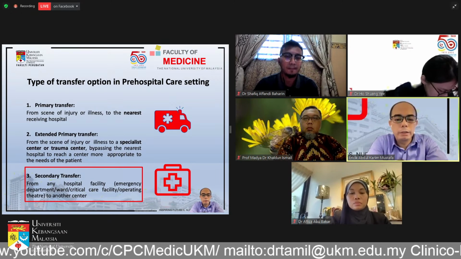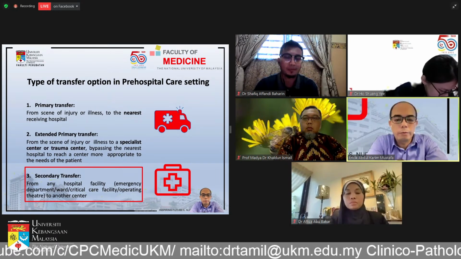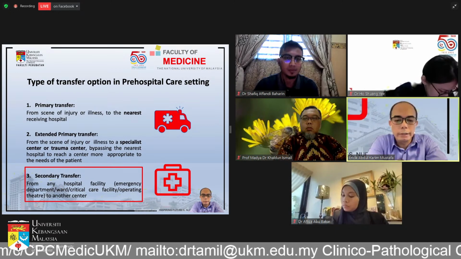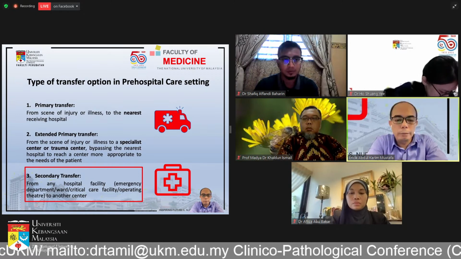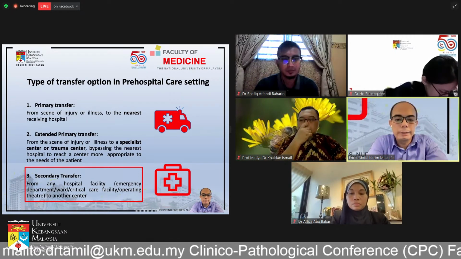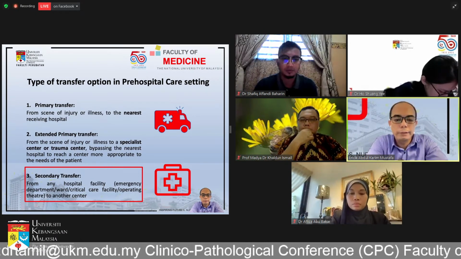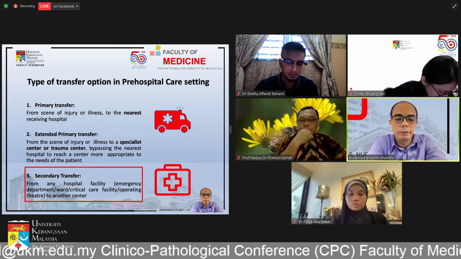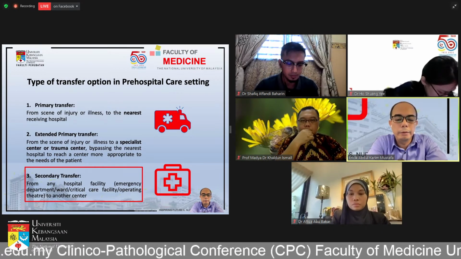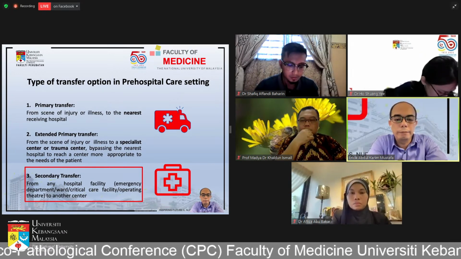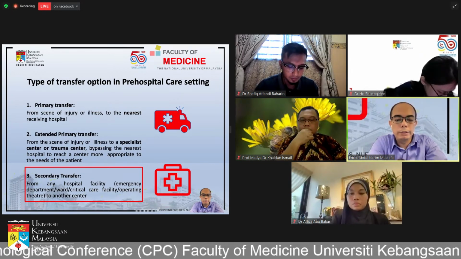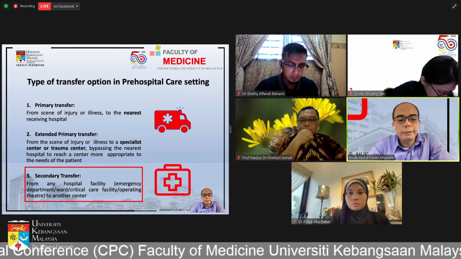This is one of the good continuums of care from the pre-hospital care to the hospital. This is also applied when we have cases like this, a quite polytrauma case. We cannot send this patient to the district hospital. We have to bypass, and the hospital will accept these cases because we have rules and guidelines for this kind of case. So what is the secondary transfer?